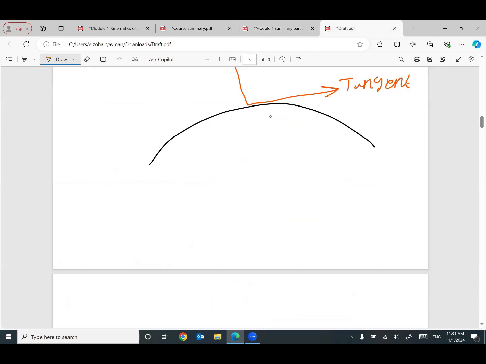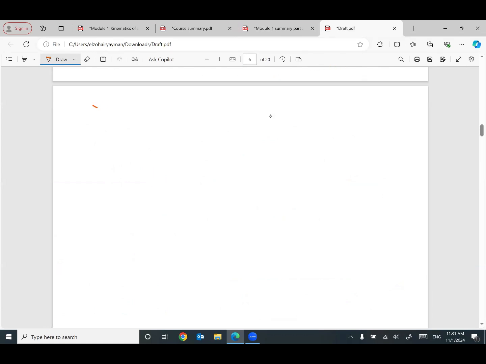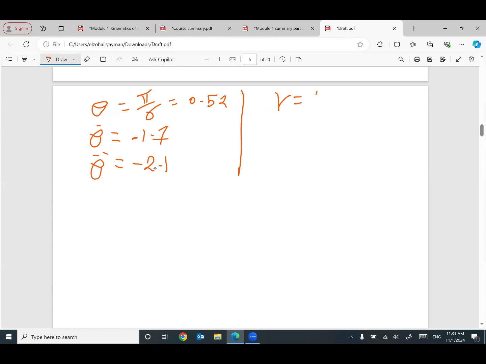To summarize, your theta equals pi divided by 6, which equals 0.52. Theta dot equals negative 1.7. Theta double dot equals negative 2.1. R equals 4. R dot equals 0. R double dot equals 0.